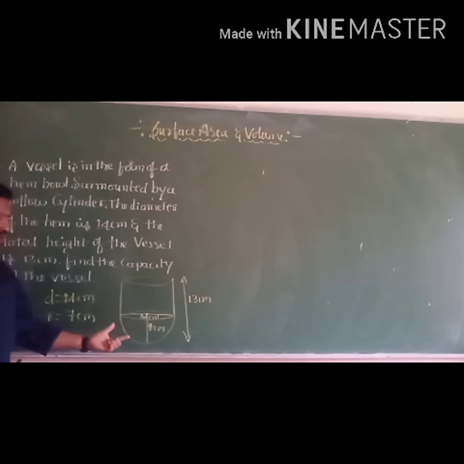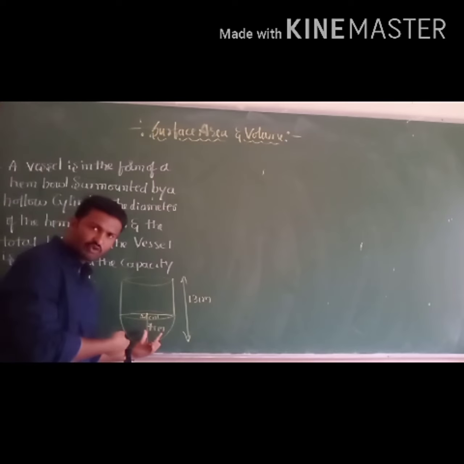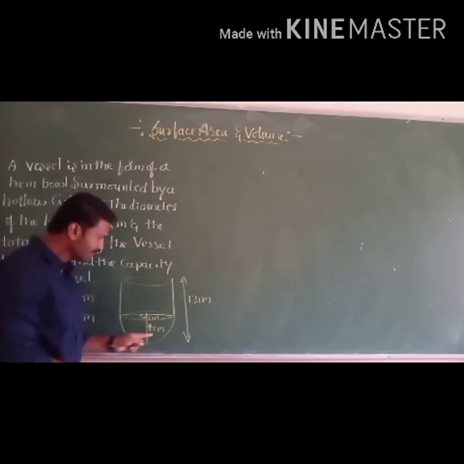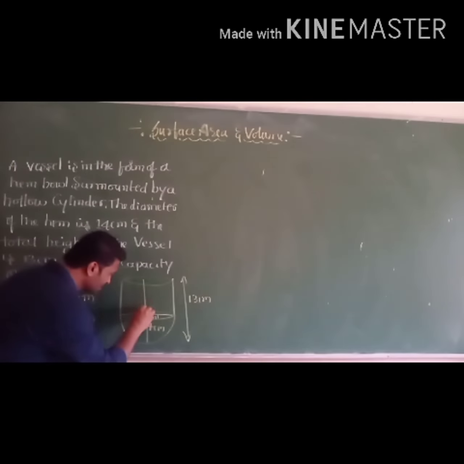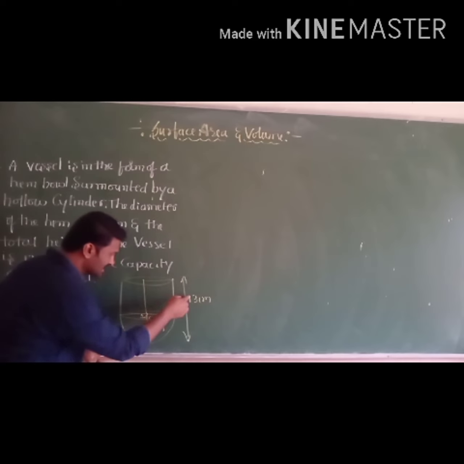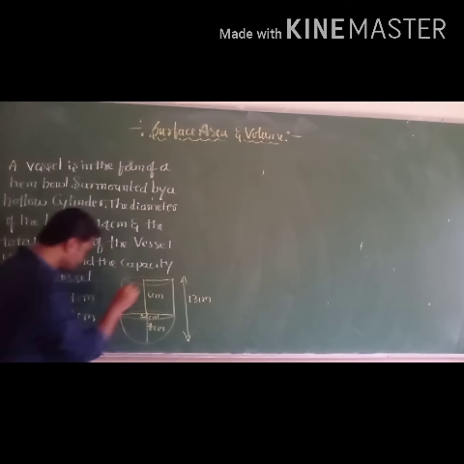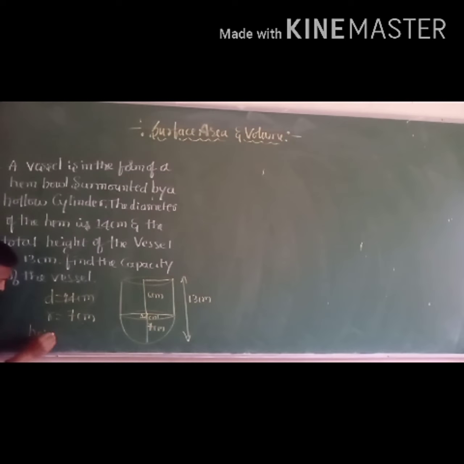The height of this hemisphere is 7 centimeter. How do we find the height of this cylinder? Subtract from the total: 13 minus 7 is 6 centimeter. The height of the cylinder equals 6 centimeter.